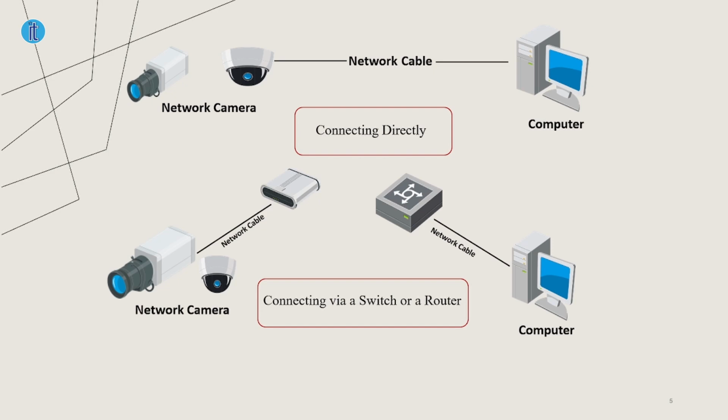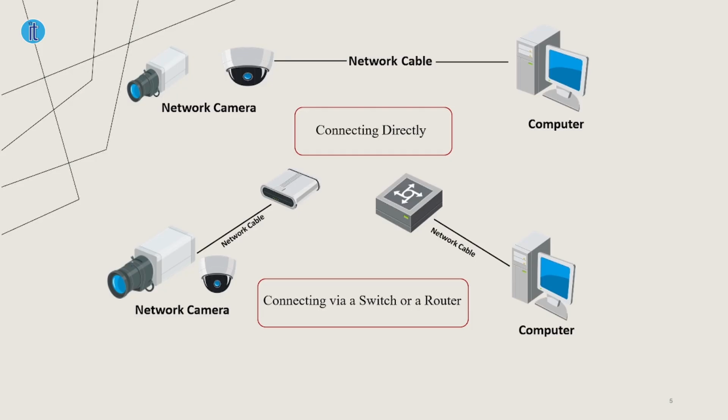For direct connection to your computer, you just need your IP camera and your LAN cable, your network cable, to your computer. That is direct connection. Your computer now will act as the server and also as the NVR.